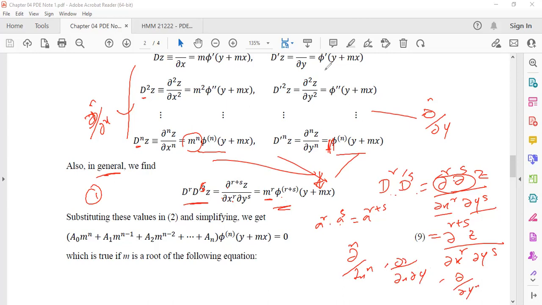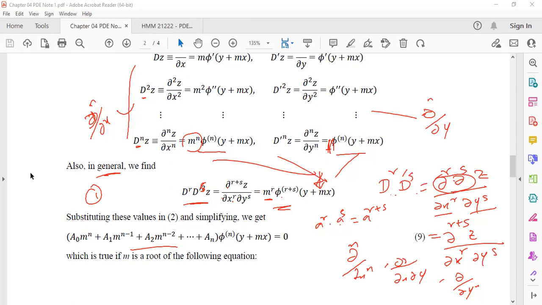So that's why they are finding all of these, to put it in this form. Then substituting these values in equation number 2. So what is equation number 2? It means our LHS part. That's what we take as equation number 2, no?